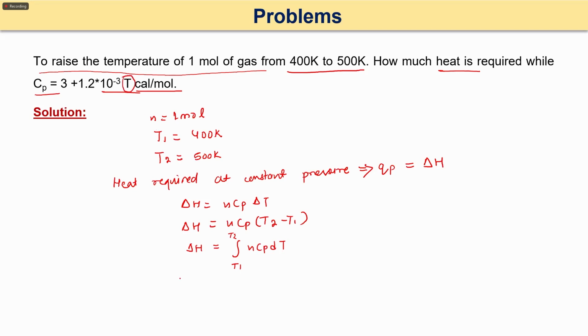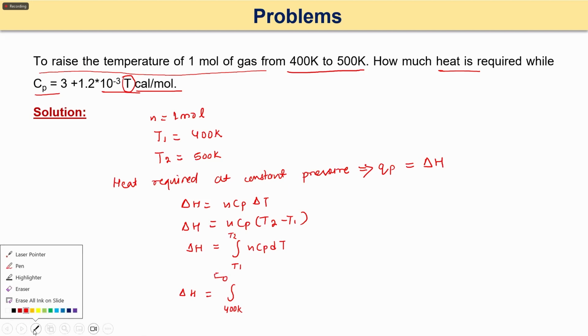So let us calculate. So delta H, T1 is 400 Kelvin, T2 is 500 Kelvin. N is 1 mole, so there is no meaning of adding more here.